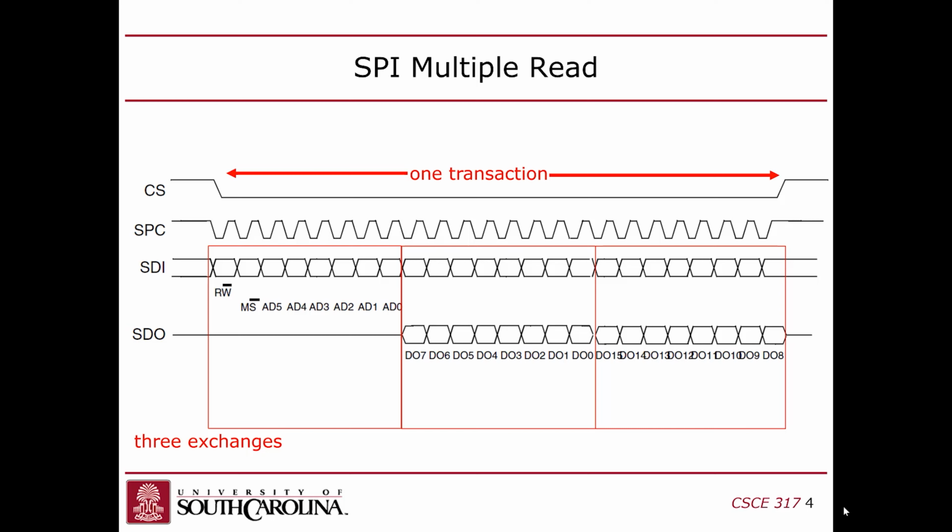If you're doing a multiple read, you will have one transaction and more than 2 exchanges. Again, we know this simply because there's 8 times 3, 24 cycles that occur while the slave select or the chip select is low.